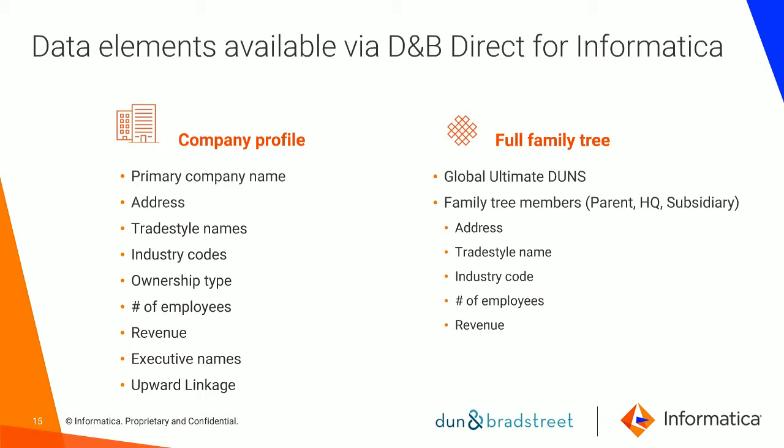Basically every industry code view that Dun & Bradstreet can provide. What type of company is it, the number of employees, the revenue, who are the executives, and immediately what does that upward linkage look like? Who's the parent, who's the domestic ultimate, who's the global ultimate, which is often used to aid in internal reporting, sales territory planning, and all of these things.